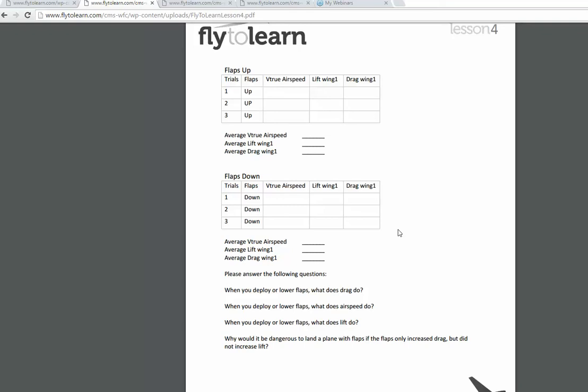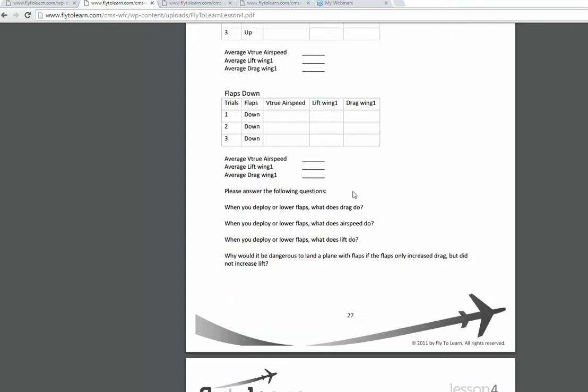So just to see a little quiz here if y'all understood what I went over last class. When you deploy or lower your flaps, what does drag do? Does it increase or decrease? Okay, I see one good answer.